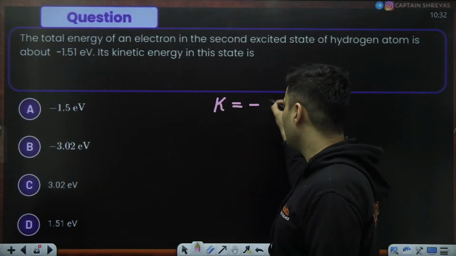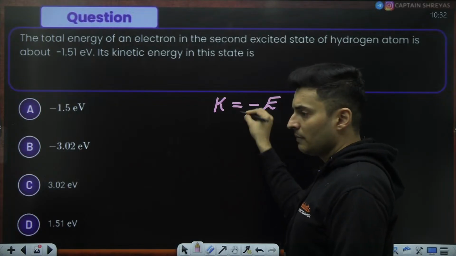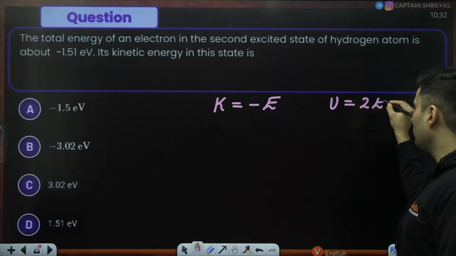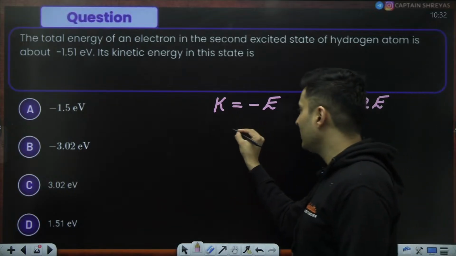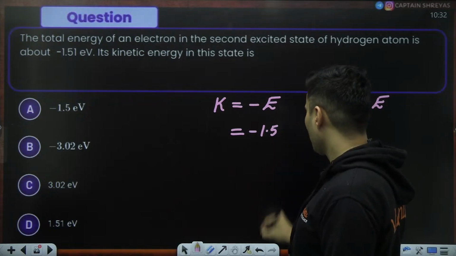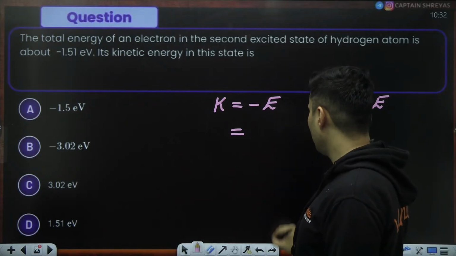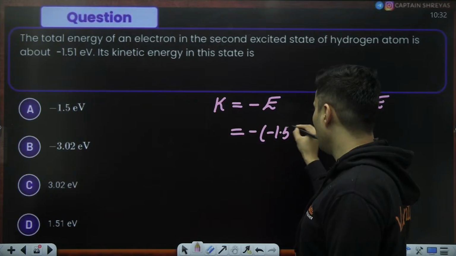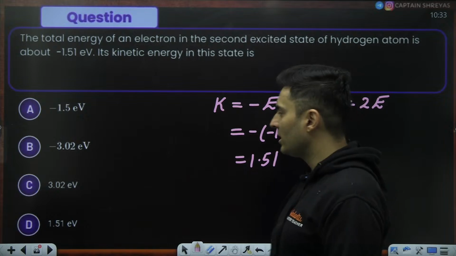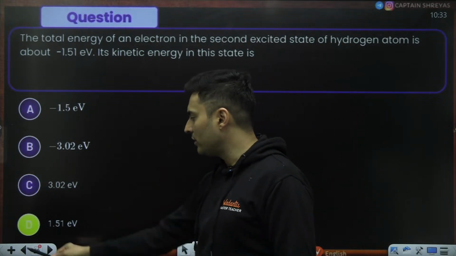Kinetic energy is the negative of the total energy, and potential energy is 2 times the total energy. We are interested in kinetic energy, and the total energy is minus 1.51. So it will be minus of minus 1.51, which is 1.51 itself. So the answer is positive 1.51.